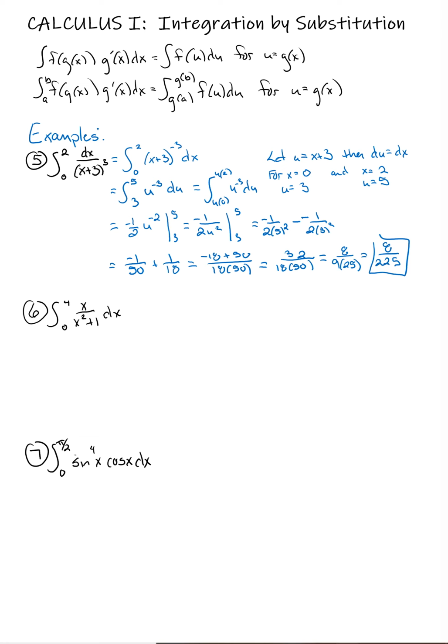Okay, now on to example 6. Let us integrate from 0 to 4 of x over x squared plus 1 dx. I'm going to again start by rewriting this as x squared plus 1 to the negative 1 power times x dx.